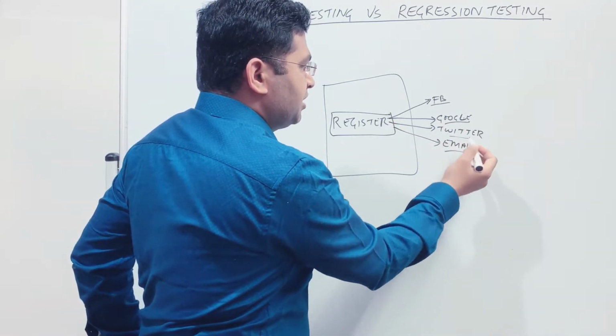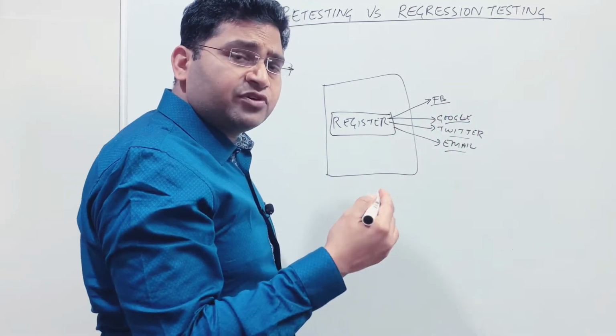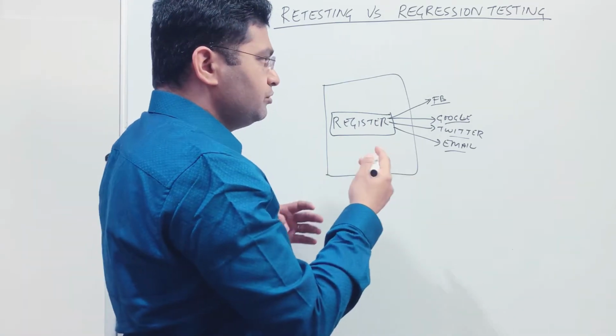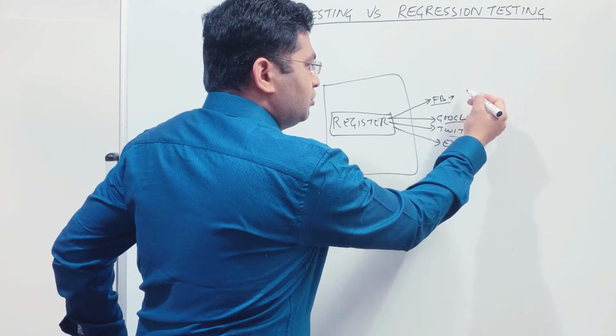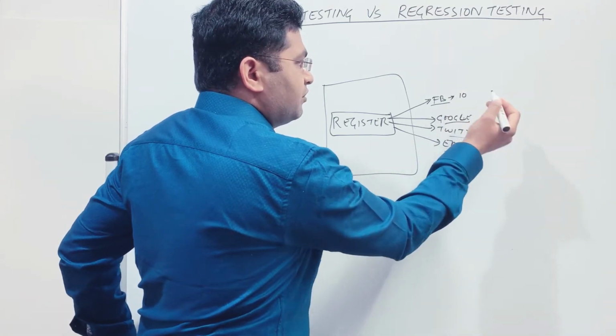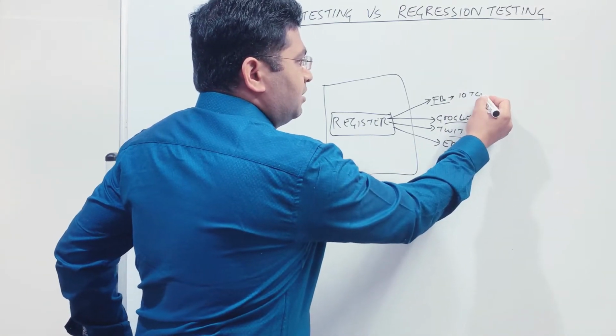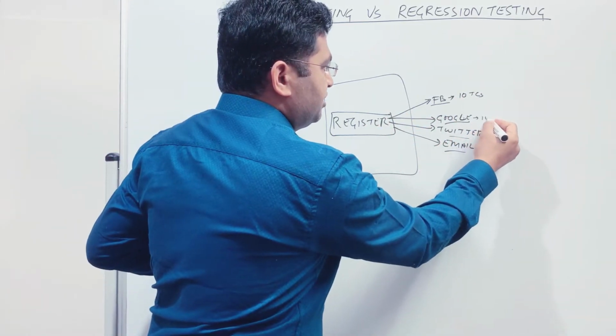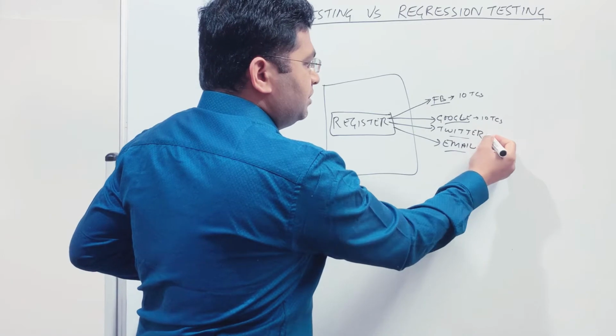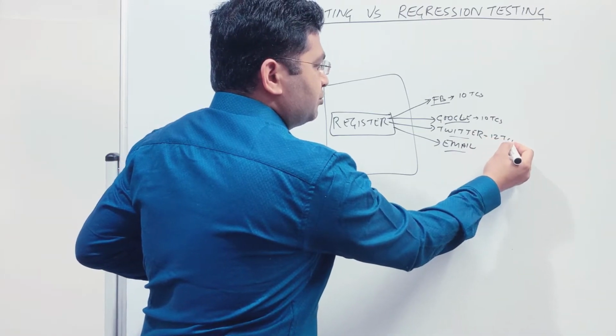So you'll be writing test cases for each of these registration functionalities. Say for example, you have written 10 test cases for the Facebook registration functionality, and similarly 10 test cases for Google, and 12 for Twitter.